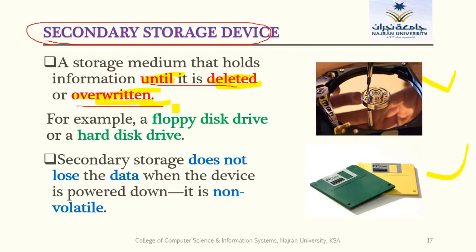Okay, so secondary storage devices do not lose the data when the device is powered off. This is not like main memory. So this is the difference between main memory and secondary storage devices.